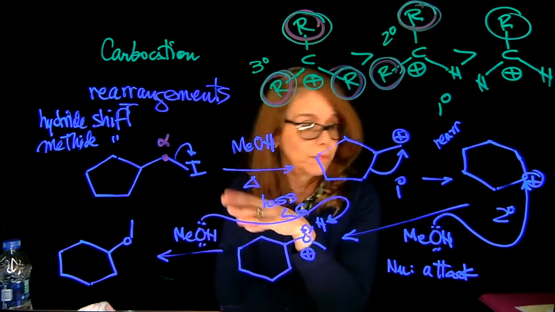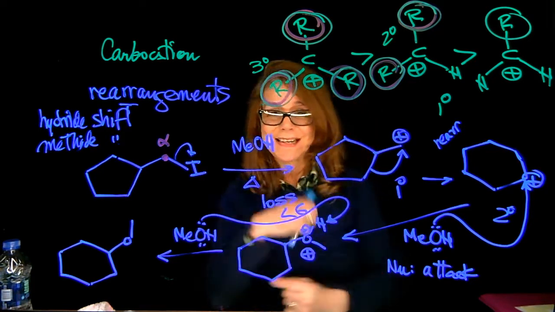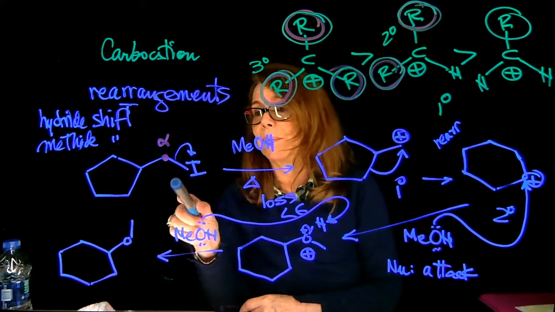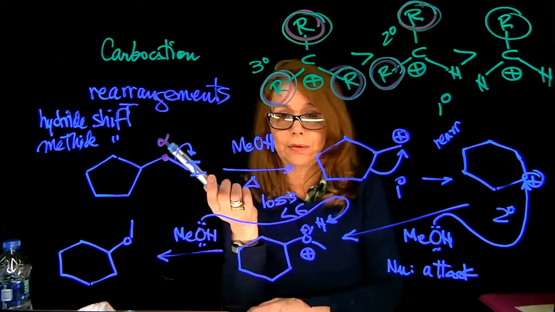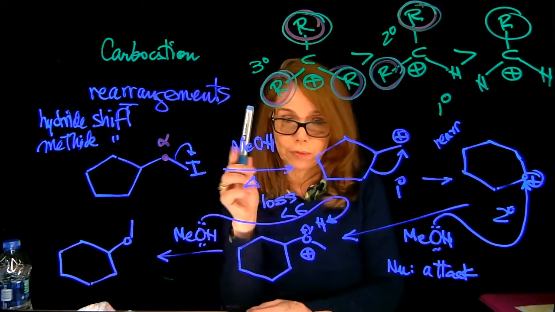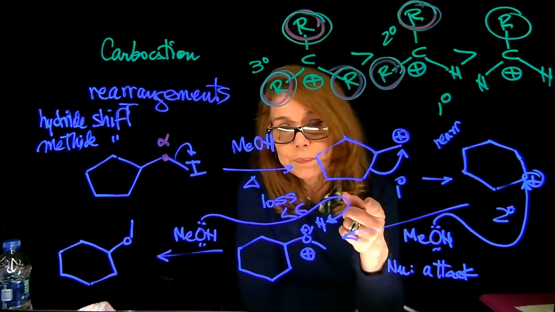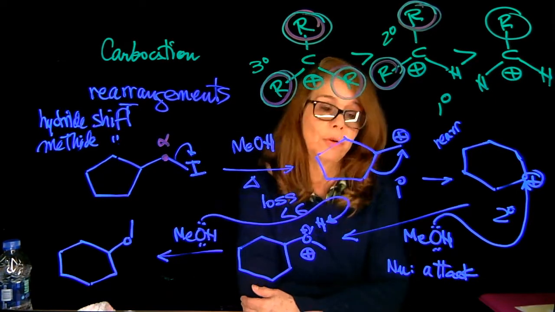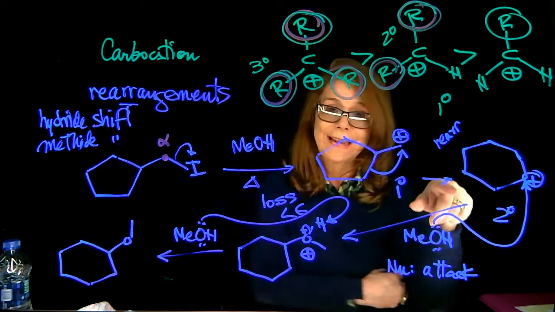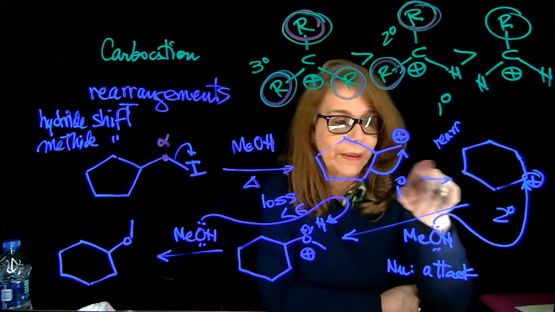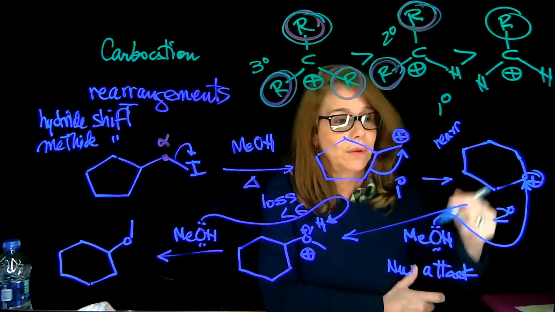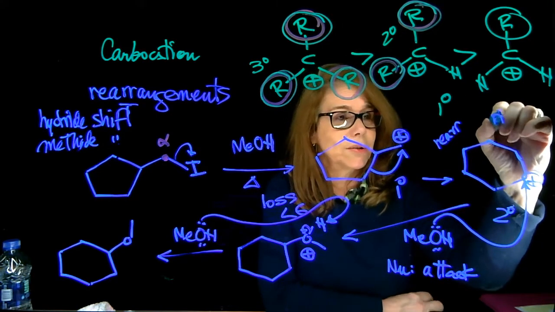So, doing a recap of what we did. First step, we had a primary alkyl halide, which formed a primary carbocation under this condition, which is a solvolysis reaction. We know primary carbocations are not stable, so we have here an alkyl migration. That bond over there, and we have done what is a ring expansion.